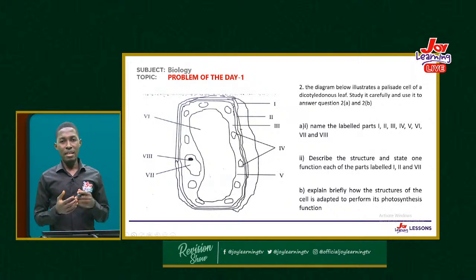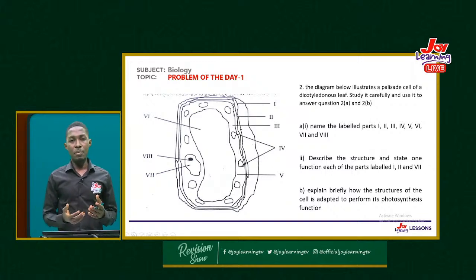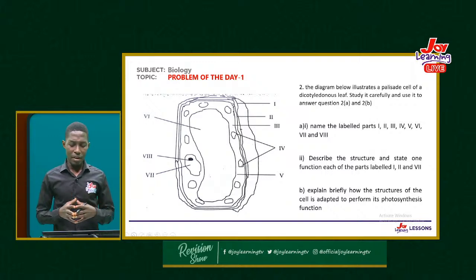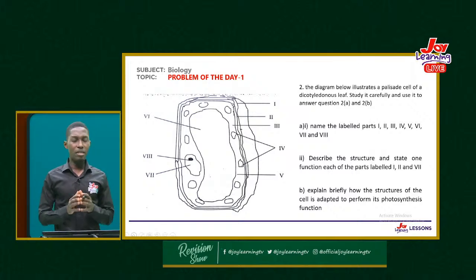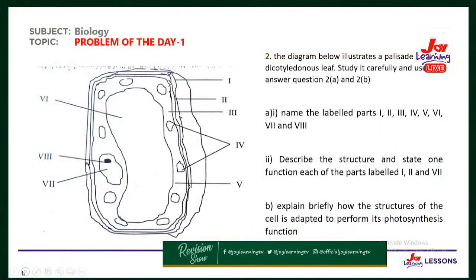This is a NOVDEC practical question, or what we call the private candidate papers. This is what they brought in the exams. Then describe the structures and state one function of everything. So all the organelles, you should try as much as possible to know the functions of these organelles.